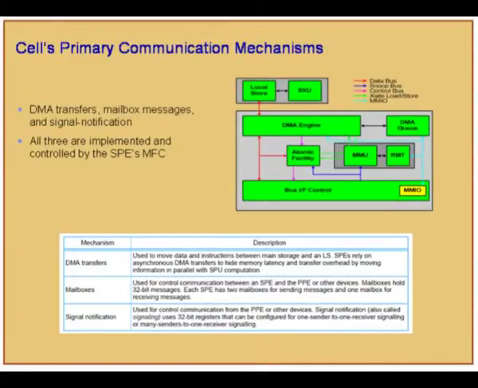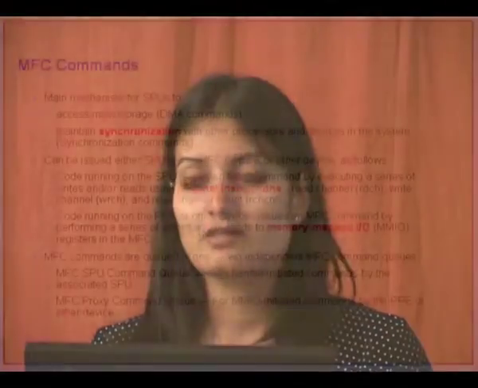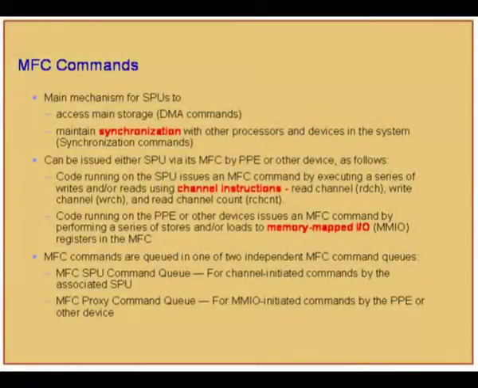Whenever the SPU needs to communicate with the MFC, it uses channel instructions, and whenever an outside entity, the PPE, which exists somewhere here, needs to talk to this MFC, it uses memory mapped IO instructions. And then all MFC commands are queued in the MFC SPU command queue. The proxy command queue is for the PPE initiated memory mapped IO instructions.